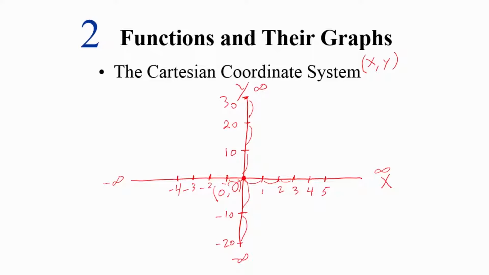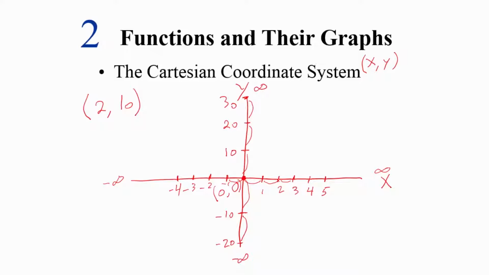Any point on the plane, any point on this flat, two-dimensional surface, would have two coordinates. One is an x value, the other is a y value. So for example, if the problem says identify on the Cartesian coordinates the point 2 and 10, that means x is 2 and y is 10.